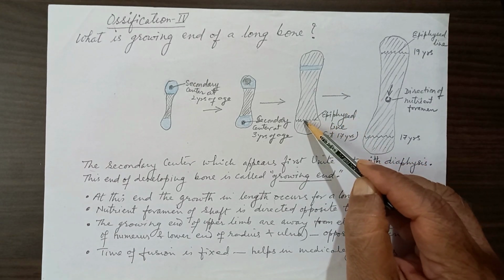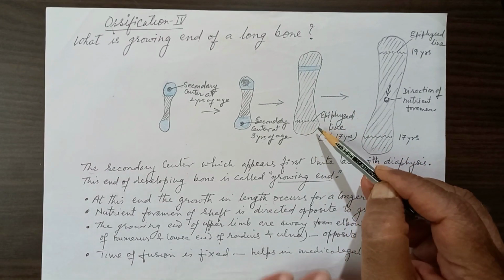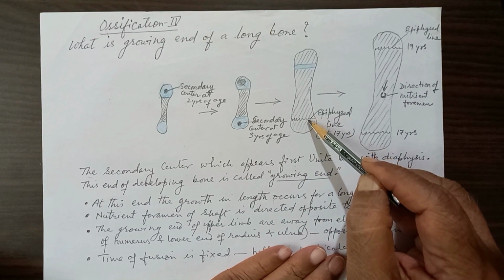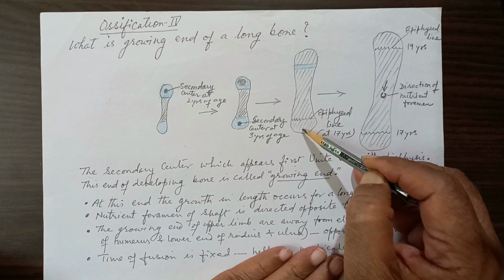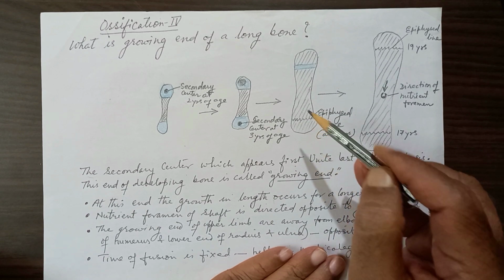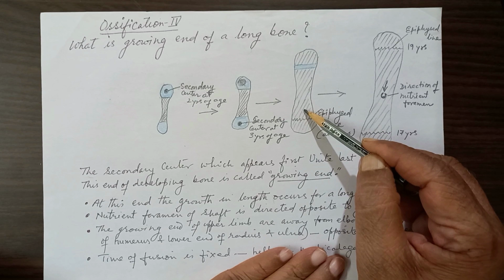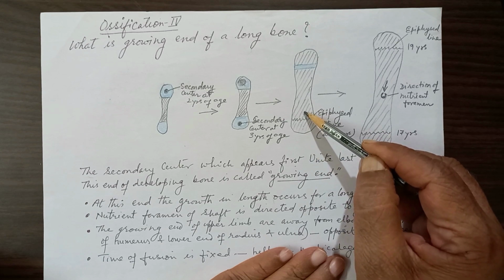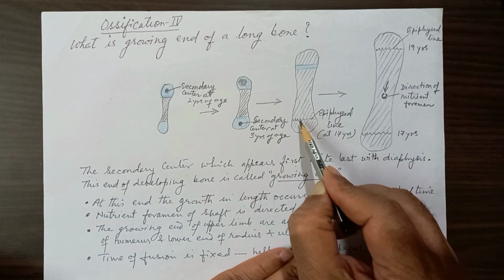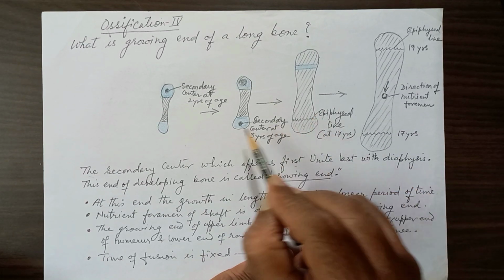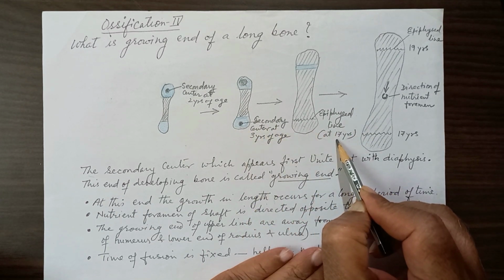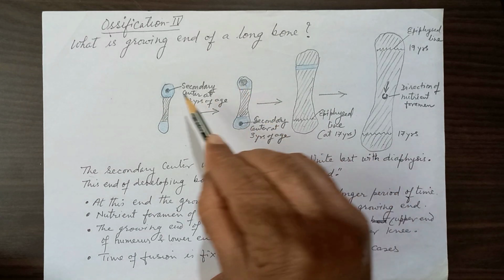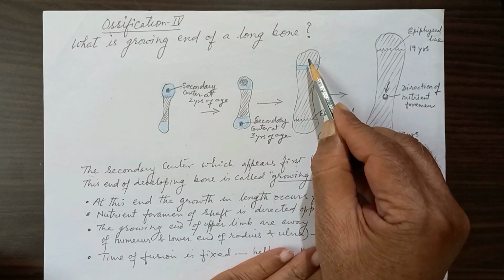So this epiphyseal line has appeared at the age of 17 years. That means there will be no further growth at the lower end after 17 years, because the epiphyseal center has united with the diaphysis. So this has united first, though it appeared last, in the third year, but it has united at the age of 17 years.